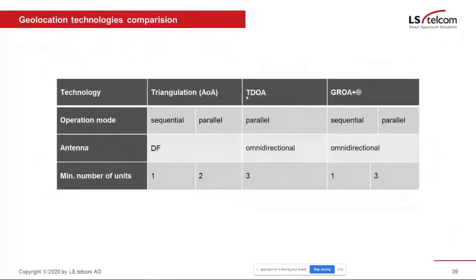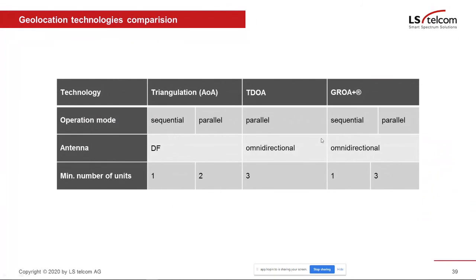Okay, just a comparison here, my last slide, between these geolocation technologies. For triangulation, you have the DF antenna. You can do it sequentially, that means with one mobile or portable device: go to one location, do a measurement, go to a second location and do a measurement, or you can do it in parallel with networked stations.